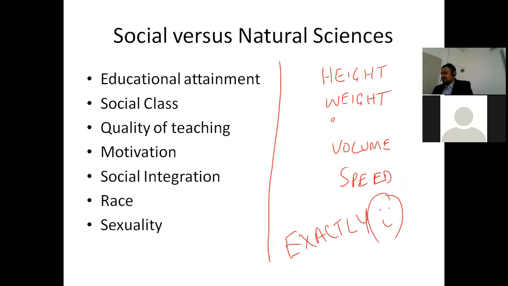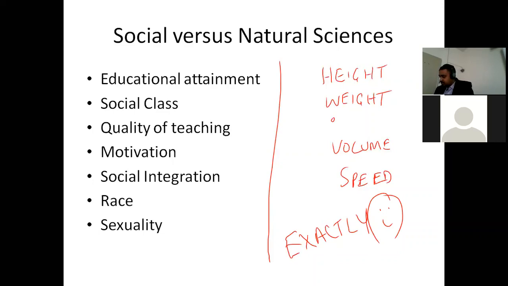They would have a constant tool for measuring, and something like quality of teaching could vary for the individual. Motivation, for example, could vary from one researcher to another's subject. I think that's the complete answer, Connie. Thank you very much. Yes, exactly.